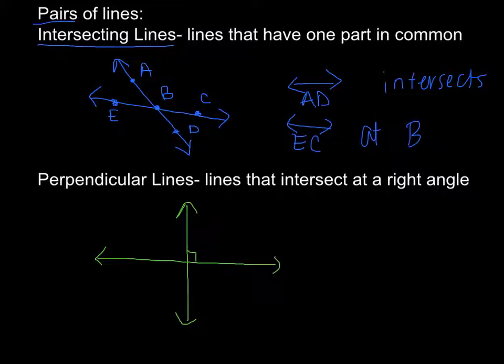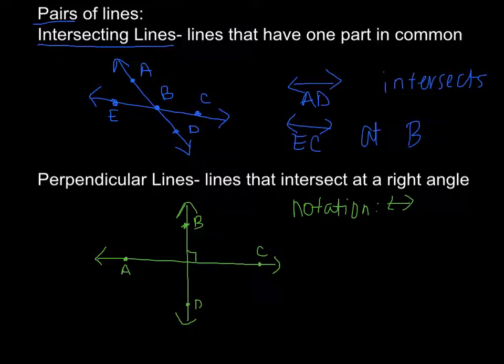Okay, so then we have point B, point A, point C, and point D. Okay, so our notation, or how we say that these are perpendicular lines, is we would say line AC is perpendicular, that's how we draw perpendicular, to, oh my goodness, what am I doing here?